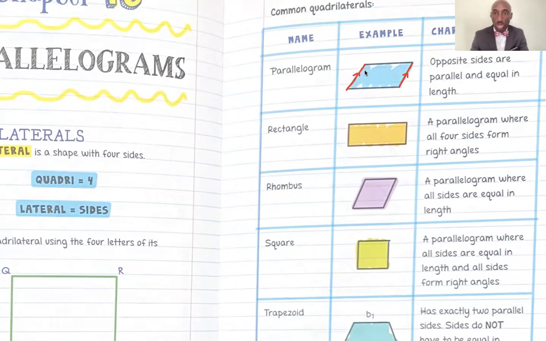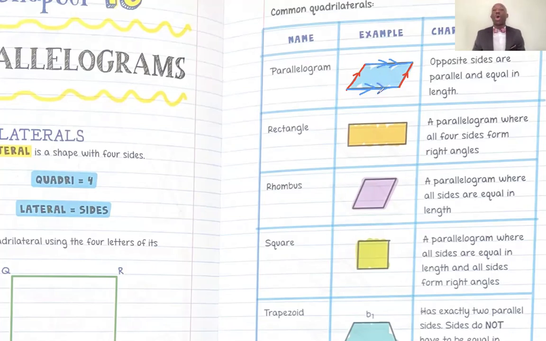So we can use one parallel arrow for these. Now, if we go to these, which are longer, this top and this bottom are also parallel and equal in length. So I'm going to not only use arrows to signify that they're parallel, but also use two to signify that they're longer than the other two sides.